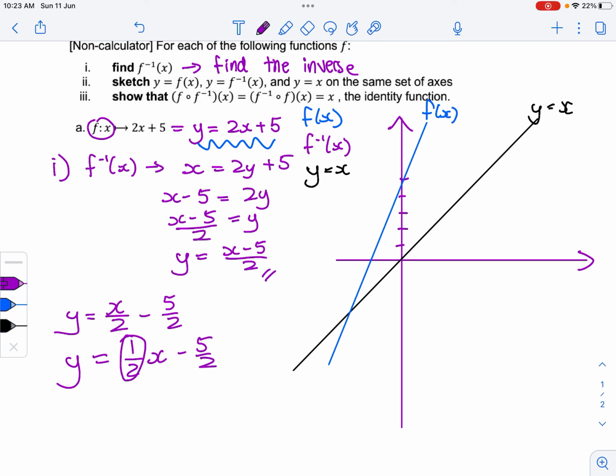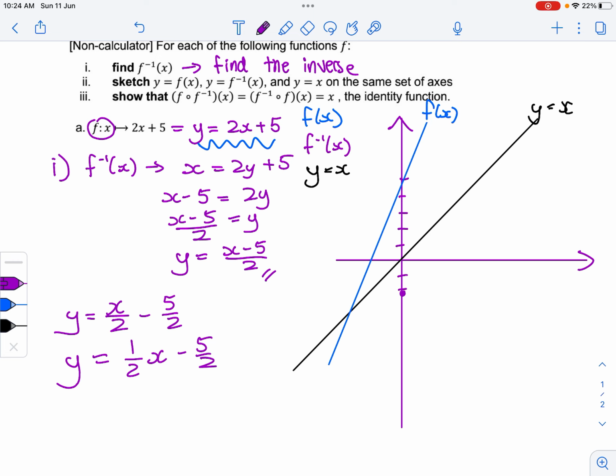And so here you can see that the 1 over 2 is less steep. It should be less steep than the normal one, so it should look something like that. And we know that the y-intercept would be 5 over 2, which is approximately, if you divide 5 over 2, you get 2 point something, so slightly more than 2. So it would be around here, or maybe slightly above, yeah, here.